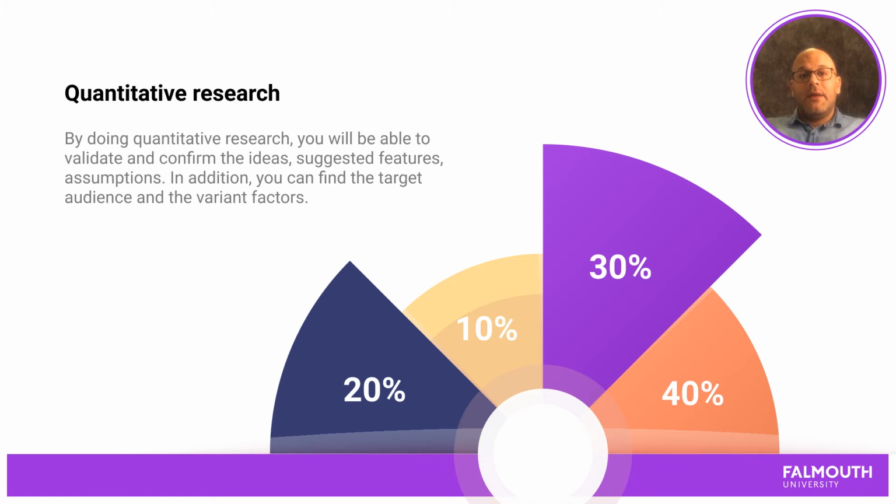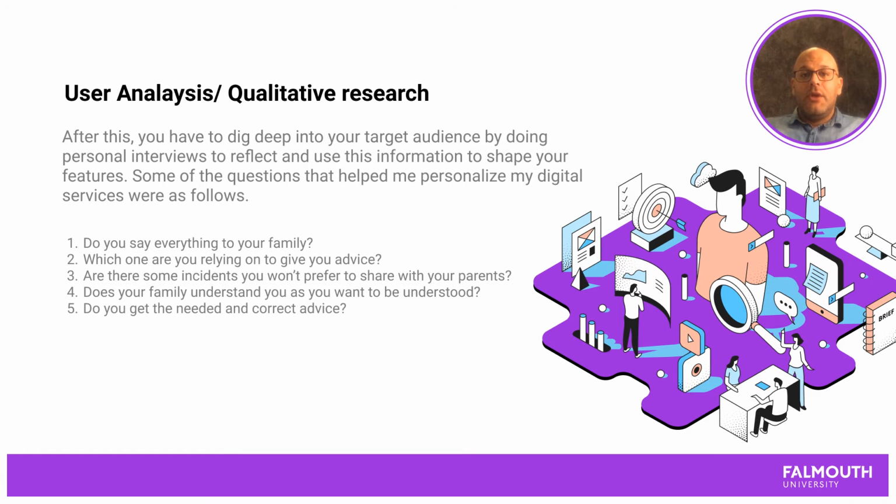By doing qualitative research, you will have the chance to sit or have personal interviews with your target audience, to reflect and use this information to shape your features based on their needs. You can now know how to communicate with them from the experience side: content, color scheme, tone, everything.